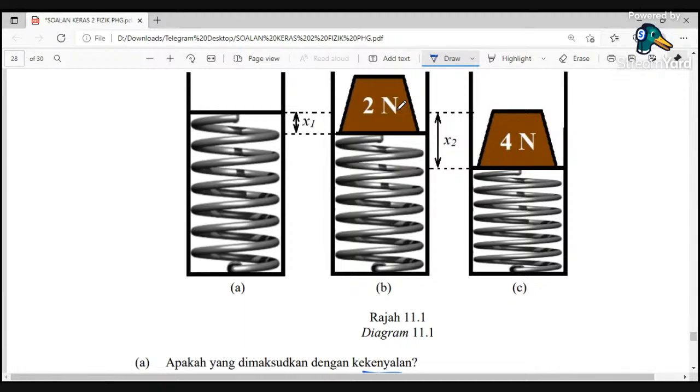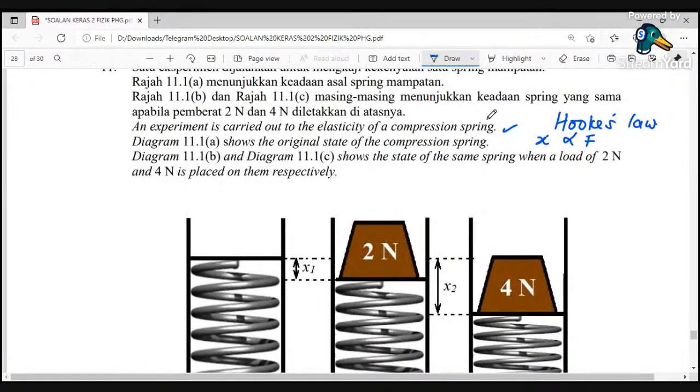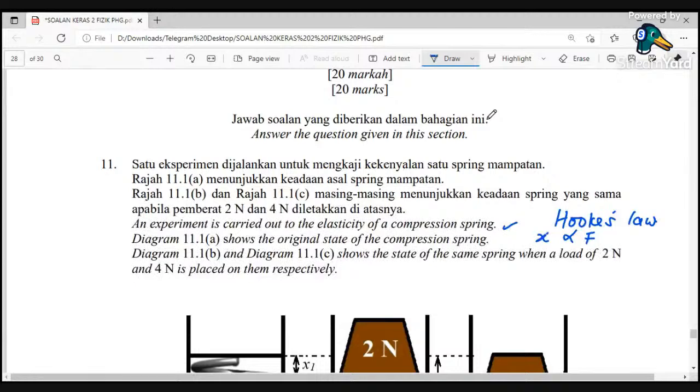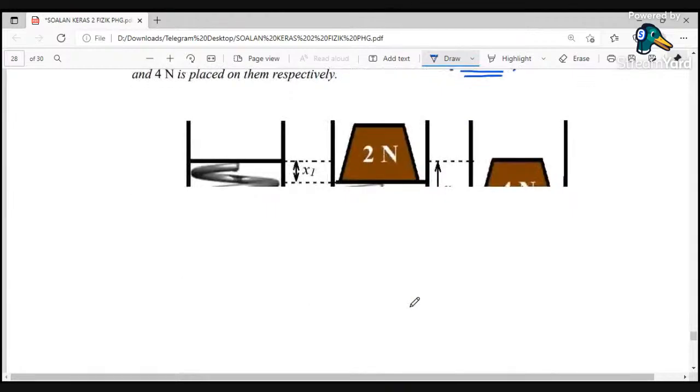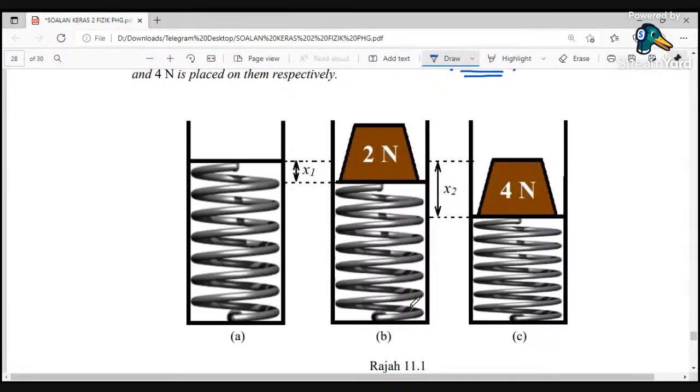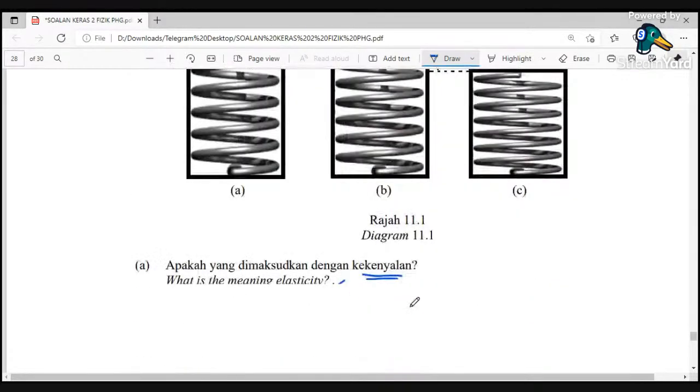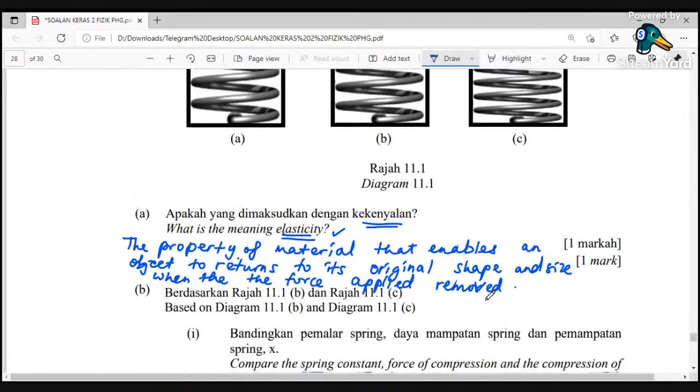Okay, spring constant, apa faktor yang affect? Kalau di sini dia ada mention tentang identical spring. Okay, menggunakan spring yang sama, spring yang sama. Ini bermaksud spring constant adalah sama. Okay.